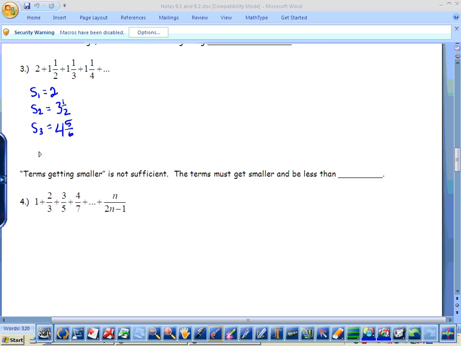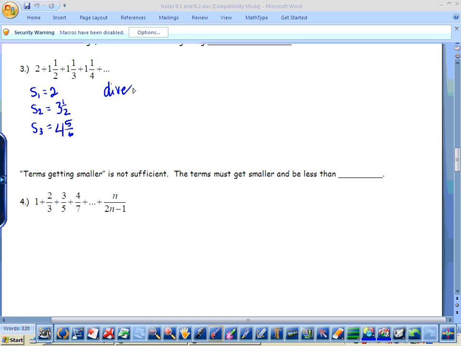Okay, so the sum of the first 4 terms, what's going to happen is I keep adding terms for my sums. Are my partial sums getting bigger or smaller? Bigger. They're still getting bigger. So I'm still adding more and more and more. So it's still going to diverge.